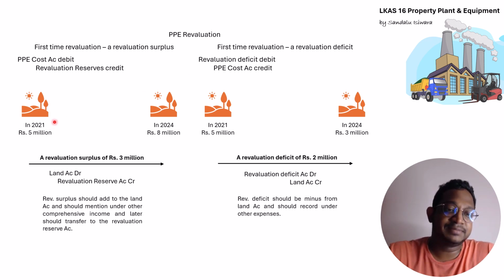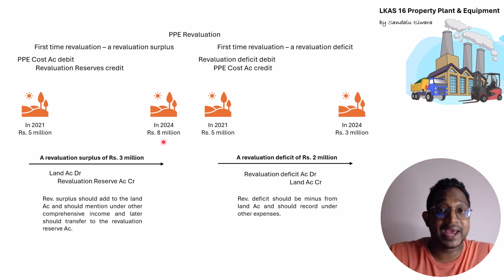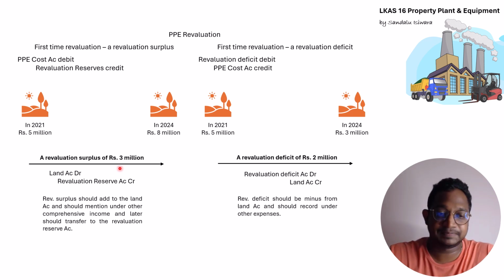As an example, in 2025 you purchase a land for 5 million, and now in 2024 the fair value of the land is 8 million. If you revalue this land at today's value, it has gained a revaluation surplus of 3 million.